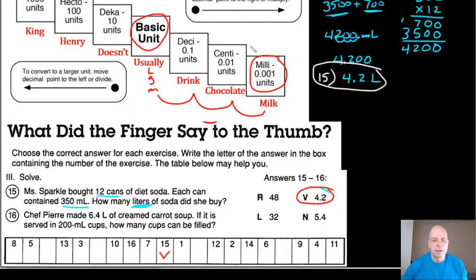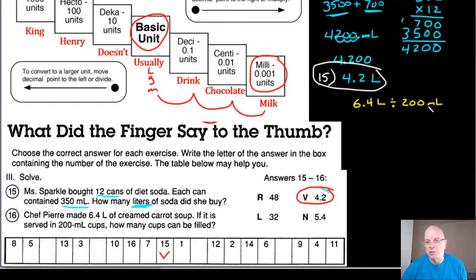If we want to know how many cups the chef can fill, we're essentially wondering how many 200 milliliters are in 6 4/10 liters. This is a division problem. Your dividend is 6 4/10 liters, and your divisor is 200 milliliters.